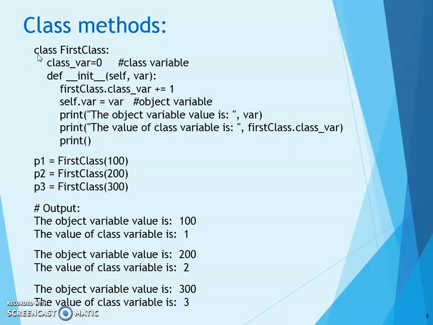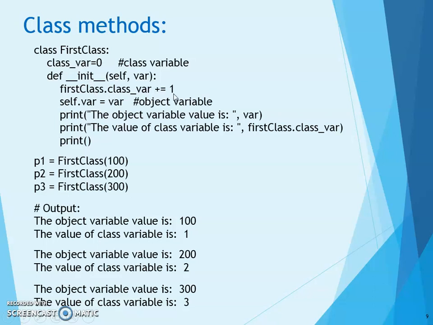Here is one class, that is FirstClass. One variable is declared over here and it is assigned a value of 0, that is classvar. We are writing an init method. Here this classvar is incremented by 1. Now when we want to access this, it should be called by the FirstClass name and then the dot operator and classvar.